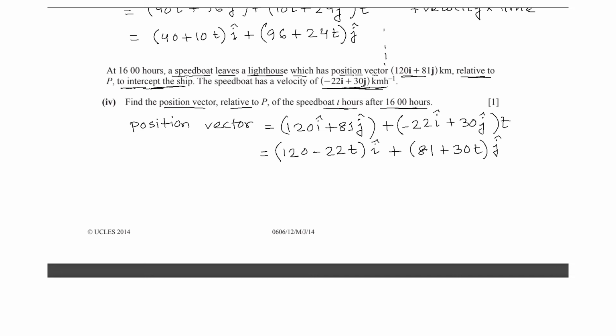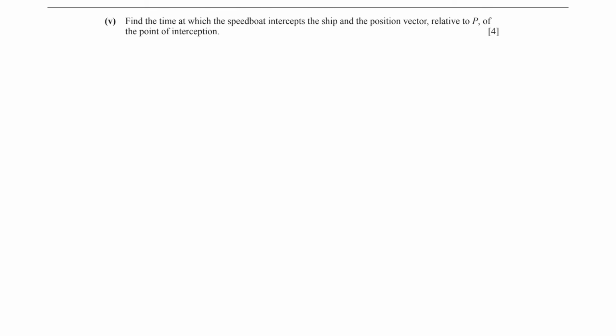So this is the new position vector of the boat relative to P, t hours after 1600 hours. Now let's move on to the fifth and final part of this question. Here we have to find the time at which the speedboat will intercept the ship and the position vector relative to P of the point of interception.